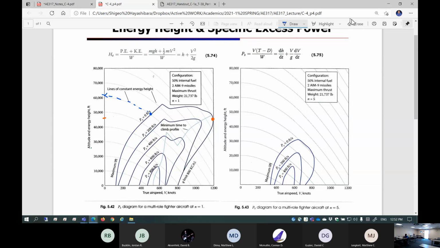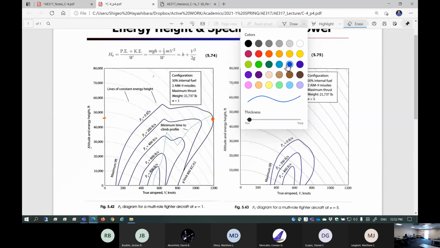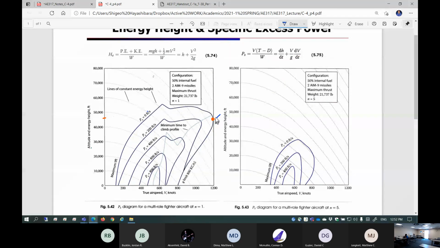Not quite. So where's the good entry point of this absolute maximum zoom climb? Here, right? That's right, so you have the right idea here. Suppose you enter zoom climb from here, so you're flying absolute maximum airspeed for n equal to 1 level flight. Then you decided to go for zoom climb. You're going to go up like this.